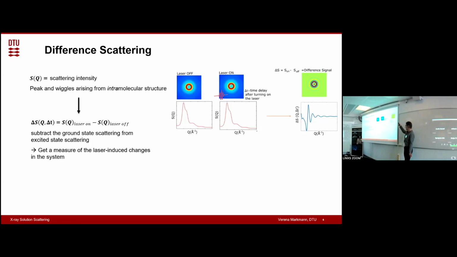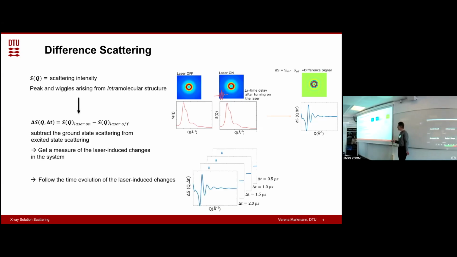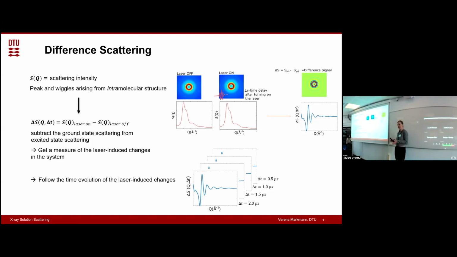So now we have different scattering delta S, which is a small signal, but the nice thing is we can change also the approach on the timing between laser excitation and probing with an X-ray, and thereby more or less do a movie of what happens to the system over time by varying this time between those 2 pulses.